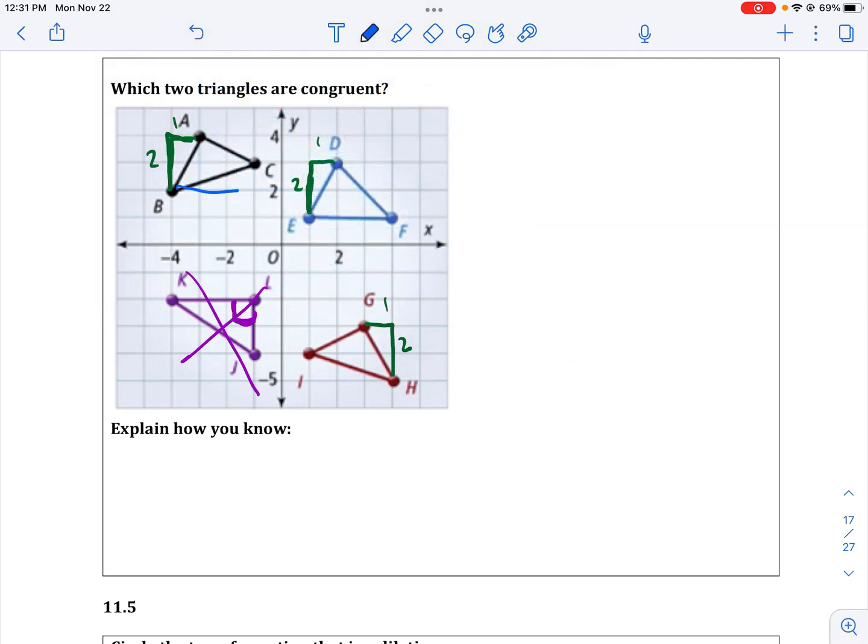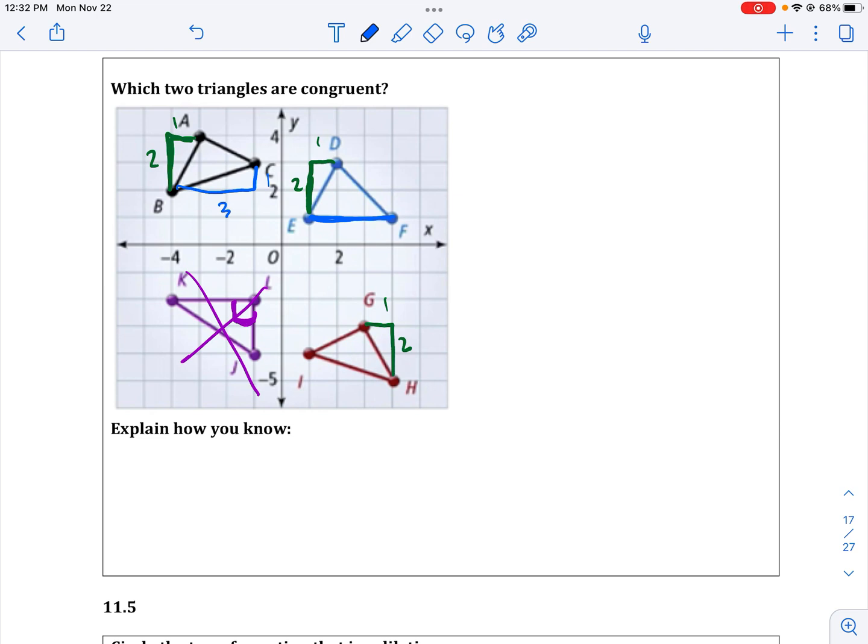So let's go B to C. I have a 3 by 1. And then if I go E to F here, that is just a straight line. I do not create a triangle. That's 3 units long. So I know that ABC and DEF are not congruent because to go from B to C, I had to create a triangle to find the length. To go from E to F, I did not create a triangle to find the length. Therefore, those two are not congruent.